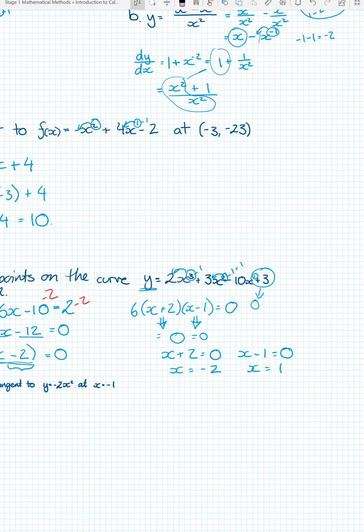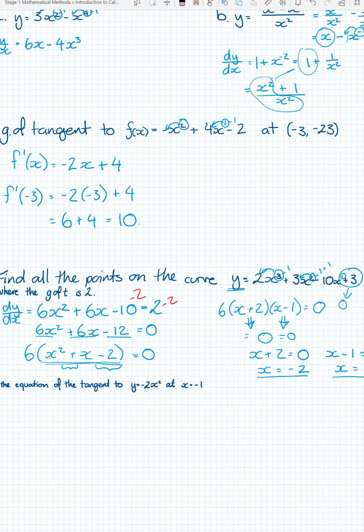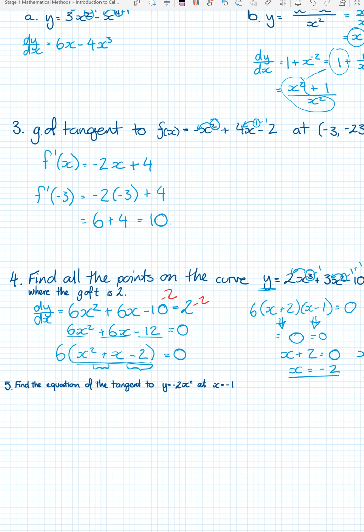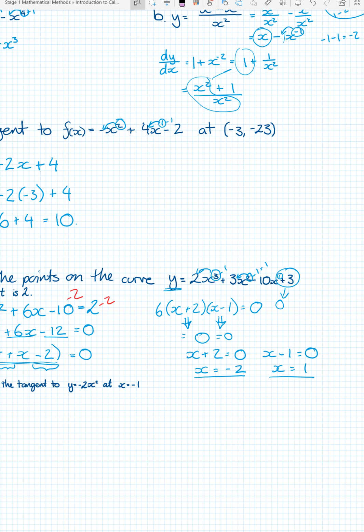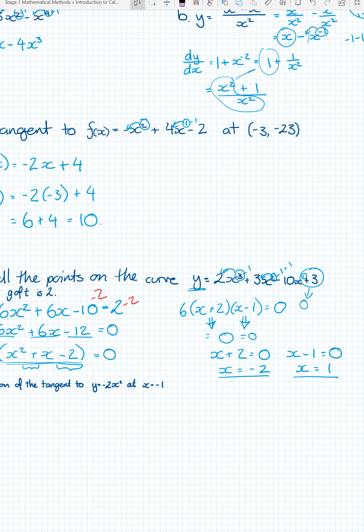So we have these values for x, where we know that the gradient of the tangent to the curve is going to have a value of 2. The slope is going to have a value of 2. So we need to actually find the points though.